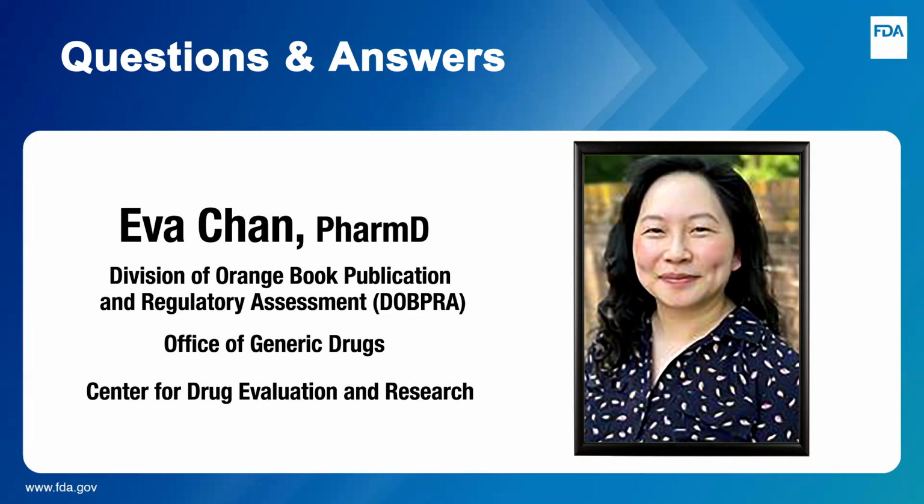Another question we received was, can I find repackager information in the Orange Book? I have difficulty finding the detailed product information for repackaged products. No, the Orange Book does not list any repackager information.